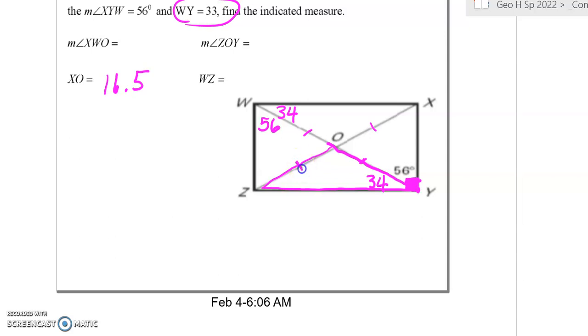Sides are the same. Correct. Isosceles triangle. So if that's 34, this is 34, and then this is 56. Alternate interior tells me 56 or 34, or given that everything is an isosceles triangle, if that's 56, that is 56. So now I have that.